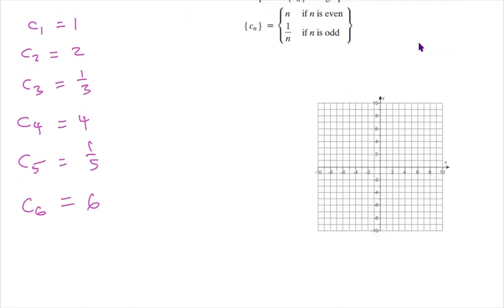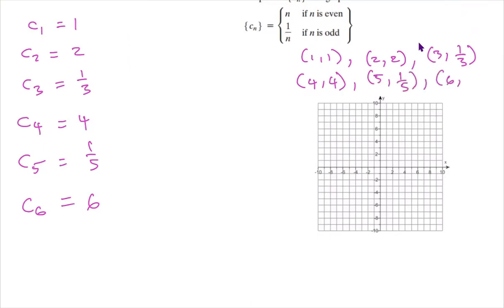So to graph this, the pairs will be (1, 1), (2, 2), (3, 1/3), (4, 4), (5, 1/5), and (6, 6).